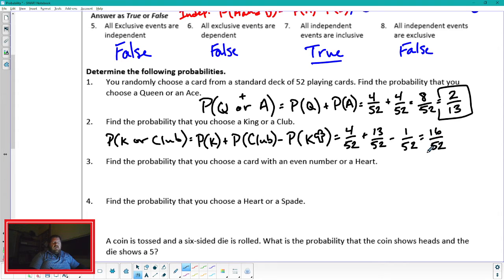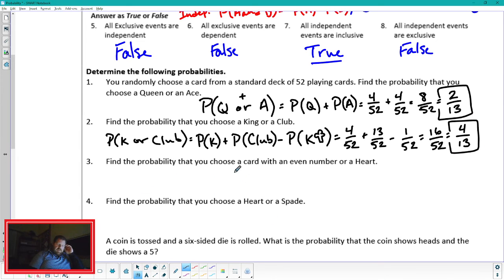I don't typically like to reduce these yet, because I know that I'm going to have to add and subtract with them. And that's a little bit easier when I have the 52 as a common denominator. So now they'll both divide by 4. That's going to be 4 over 13.